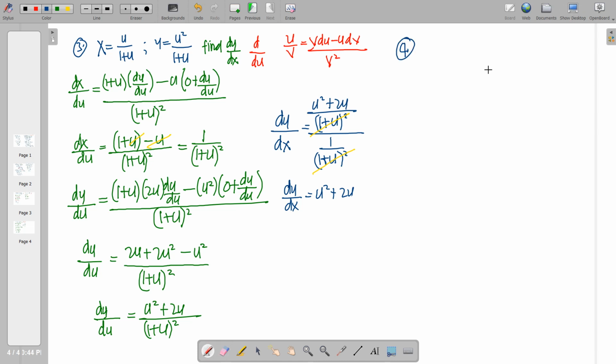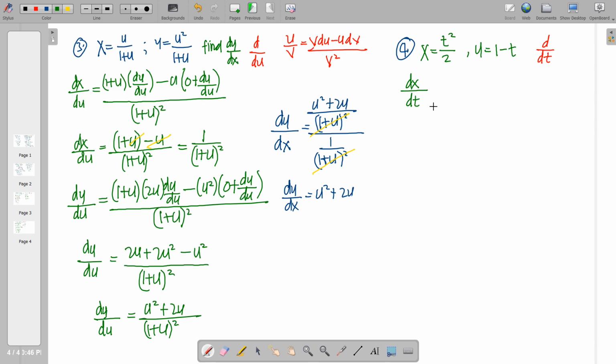Say for the fourth problem, we have x is equal to t squared all over 2, and y is equal to y minus t. So obviously, x and y are parametric functions of t, and thus we apply or execute d over dt.